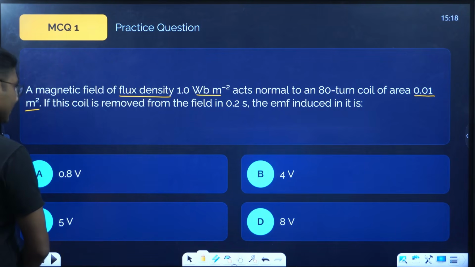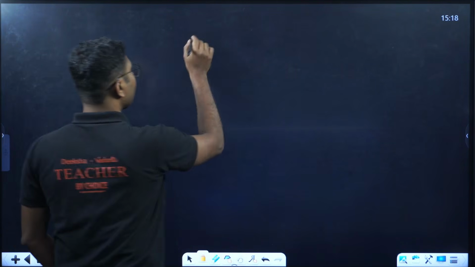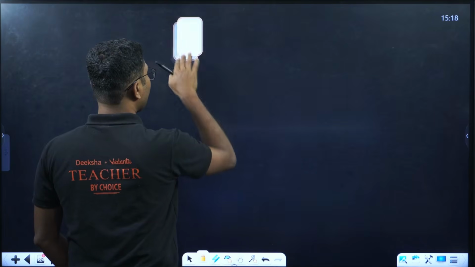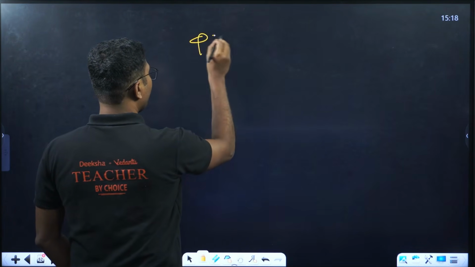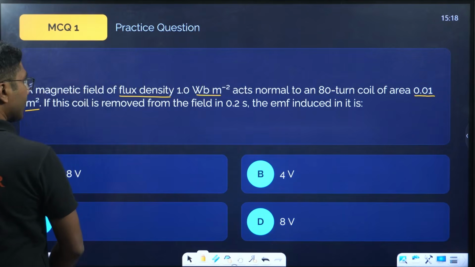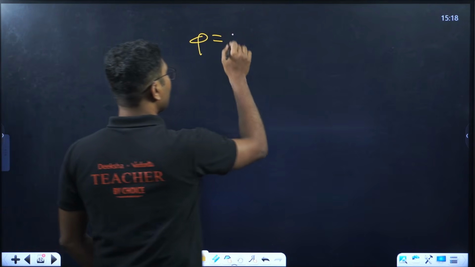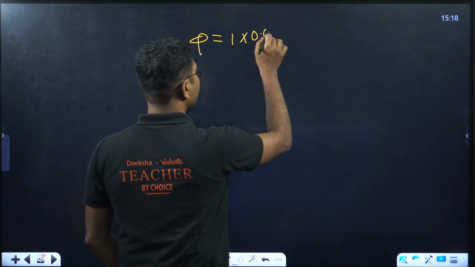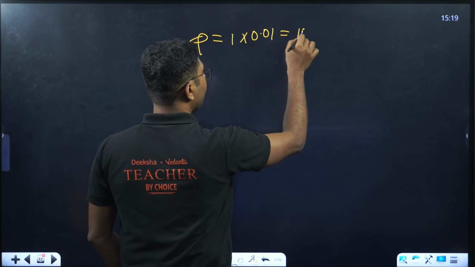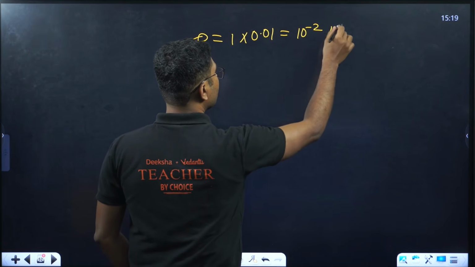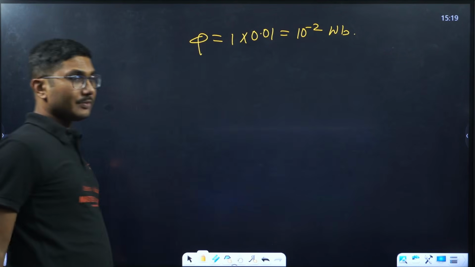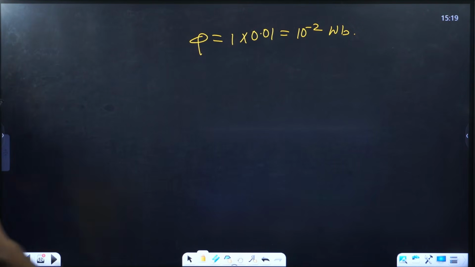So to calculate flux, we have to multiply those two values, that is 1 into 0.01, which is 10 to the power of -2 Weber. That is the flux. You don't need to write the unit, by the way, in the KCET. You only need to solve it.